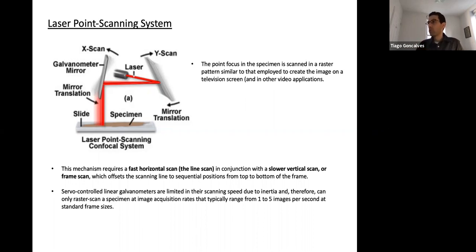They're much slower than action potentials. This is something to keep in mind. Even though your objective very often is to quantify action potentials and the firing of cells, in reality, you're going at a much slower speed.